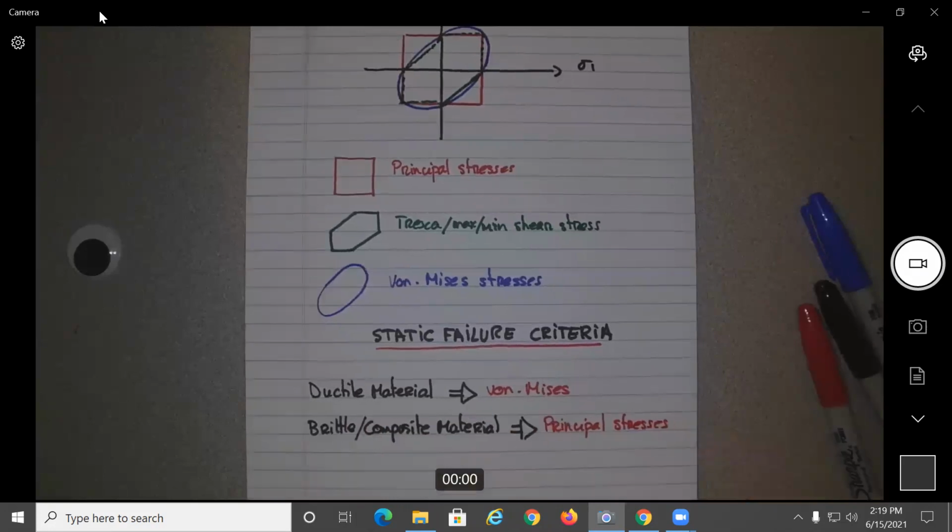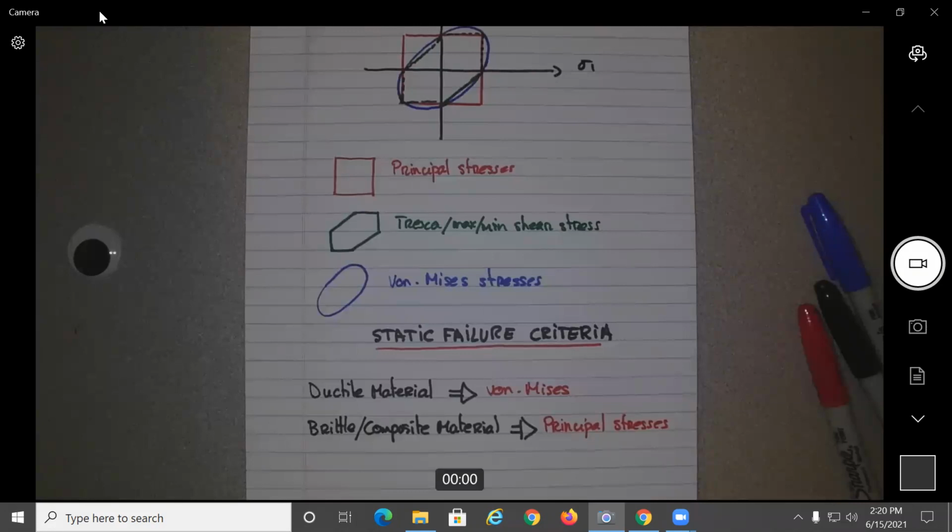This is what generally is done commonly. Even though, to tell you the truth, for the last maybe 20 years, people have been trying to develop a more specific failure theory only for the composites. But it's still work in progress, if you ask me.